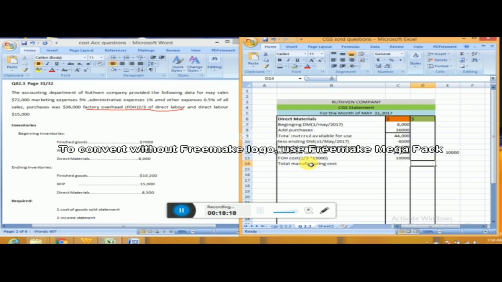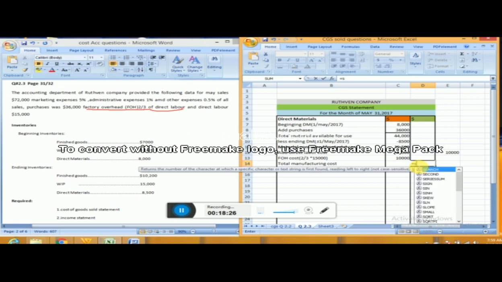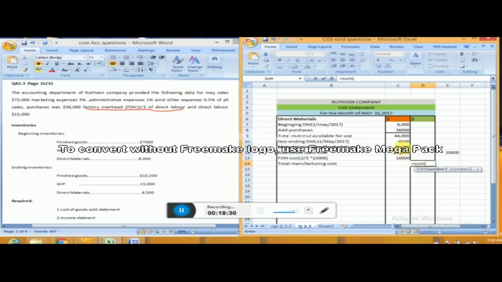Direct materials plus direct labor plus factory overhead is equal to the sum of direct material cost plus direct labor cost plus factory overhead cost. When we add all these three, this will be total manufacturing cost.